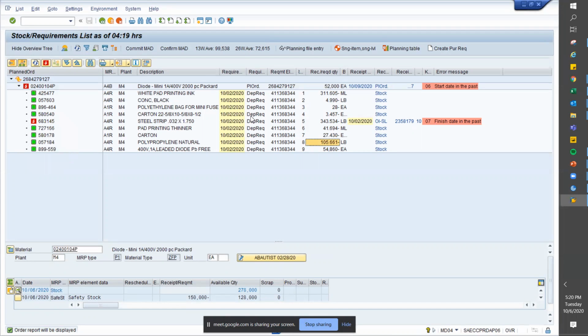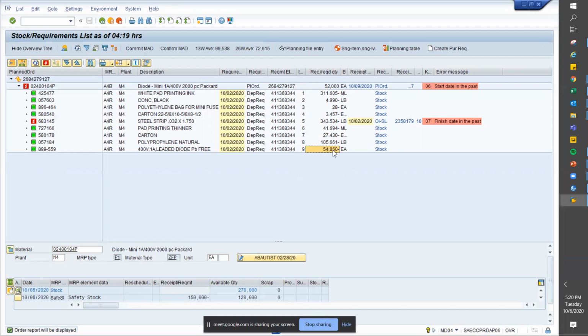Ito halimbawa, or sorry, hanapin natin yung 1:1. Ito, nakita nyo yun? So, this is a bill of material. Ang plano ko, I'm planning for 52 pieces. But then, I'll be requiring 54,860 pieces ng component na to.